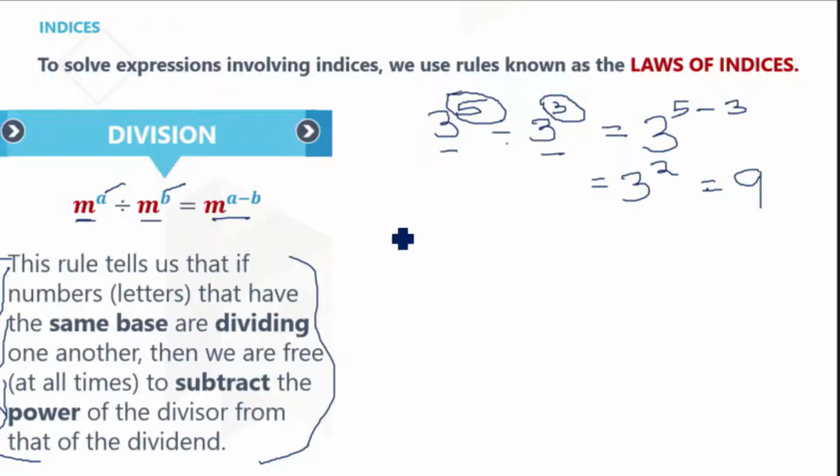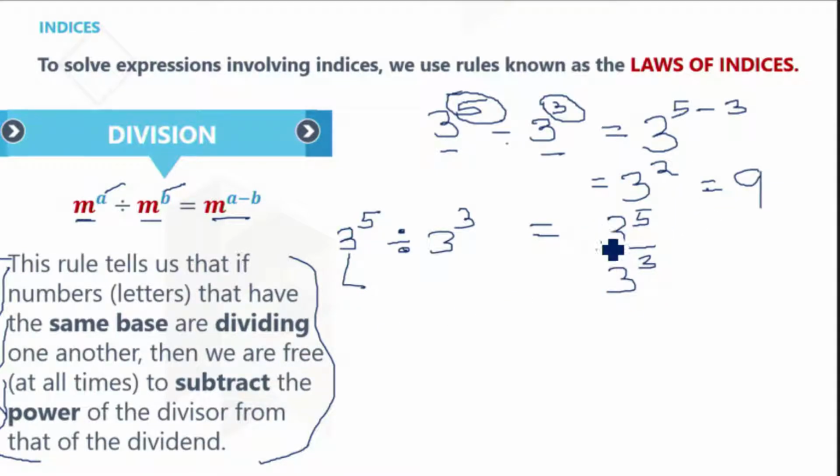We have that the expression is 3 raised to the power 5 divided by 3 raised to the power 3, which is equal to 3 raised to the power 5 over 3 raised to the power 3.